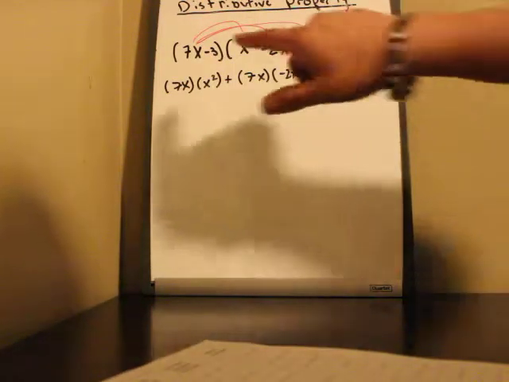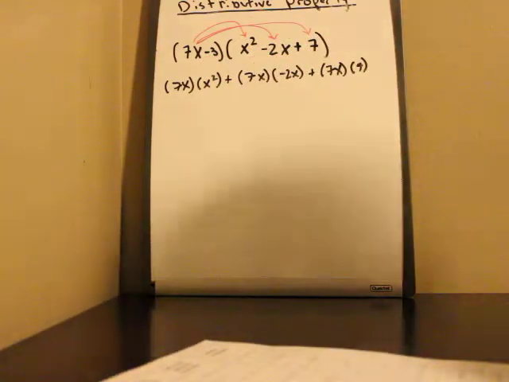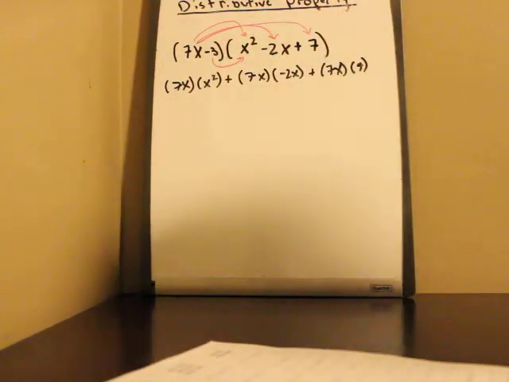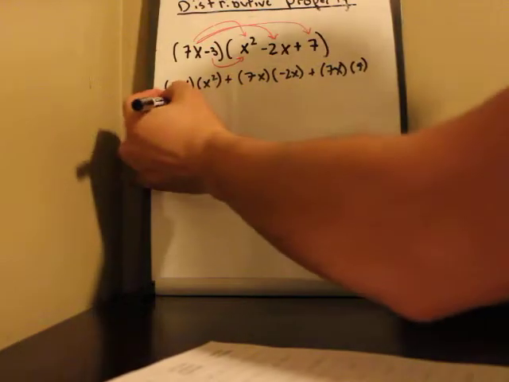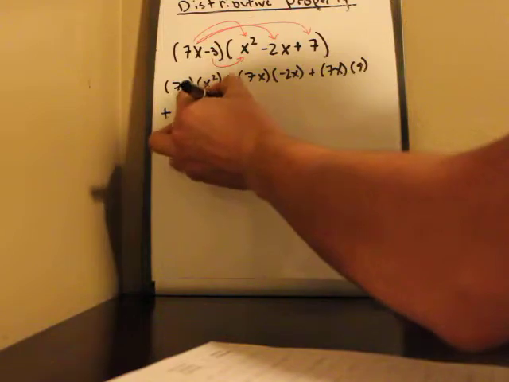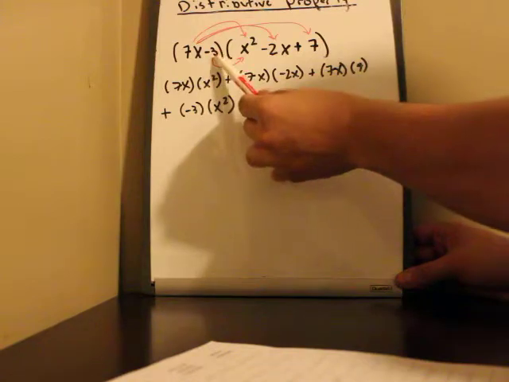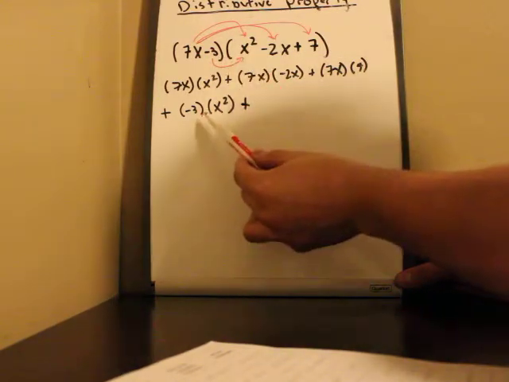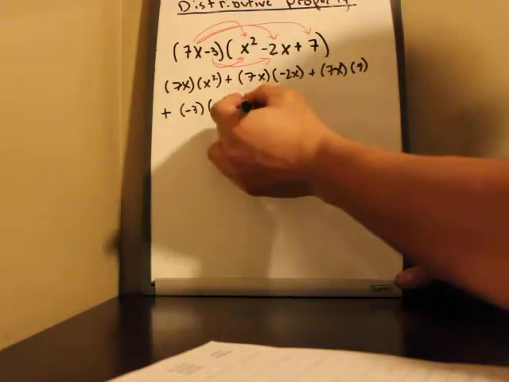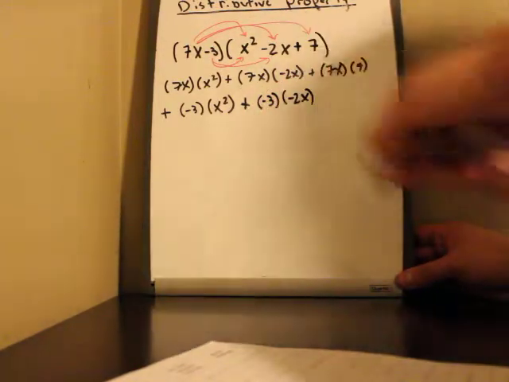But we're not done just yet. We still need to take this -3 and multiply with everything inside as well. So we're going to get -3 times x squared. Now we're going to take this -3 and multiply that with -2x, so plus -3 times -2x.